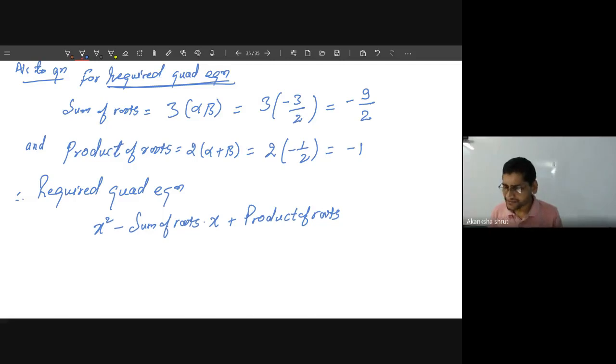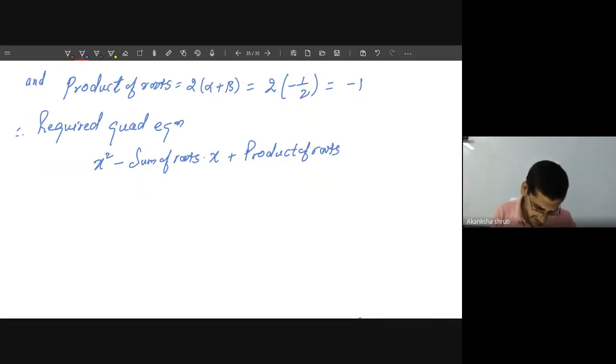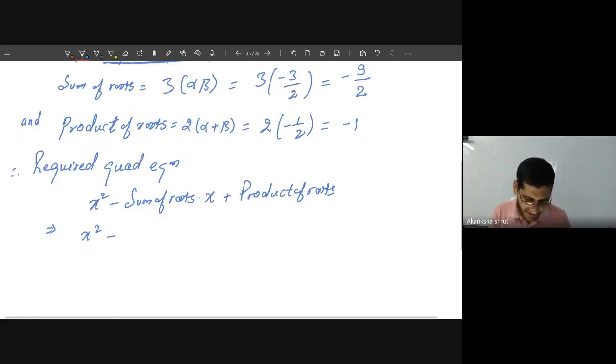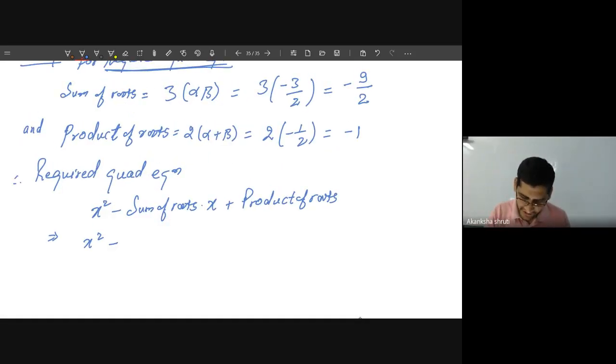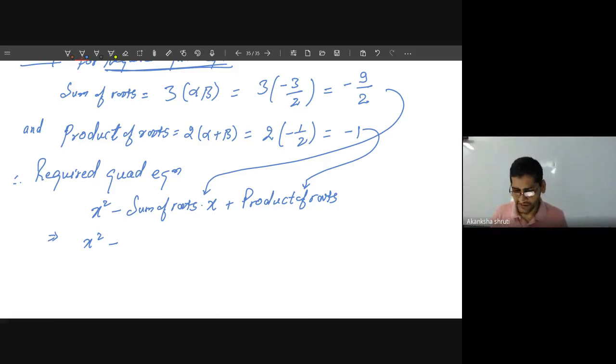Student, the variable x we have to take the same as above. So x square minus the sum we calculated here, and the product we calculated here, so we substitute.